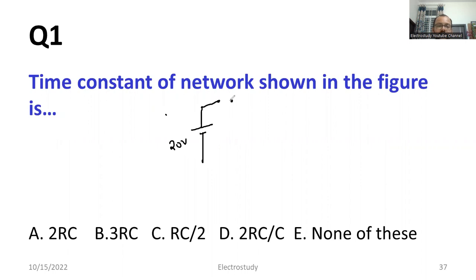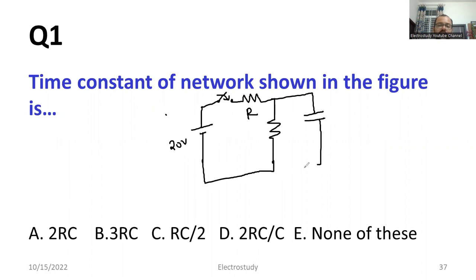There is a switch, which has two conditions, on and off. We have one resistor, similarly one resistor and capacitor. So please copy the diagram. This is 2R. This must be C. This is R. So the time constant of the network shown in figure.